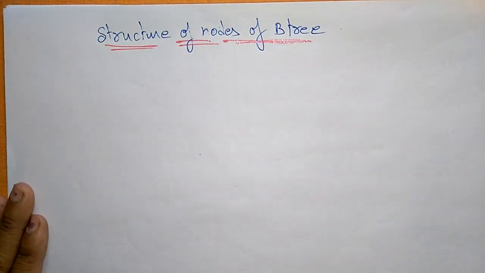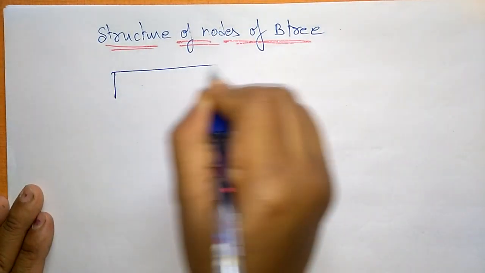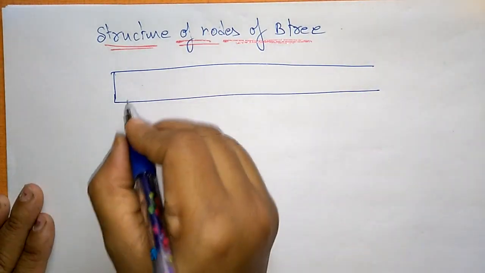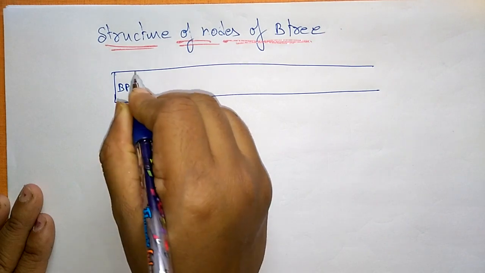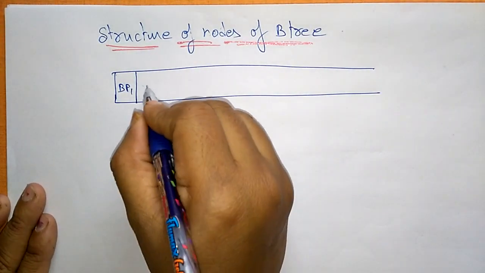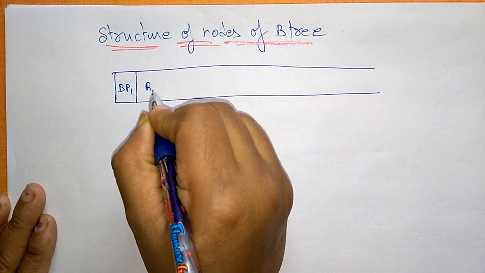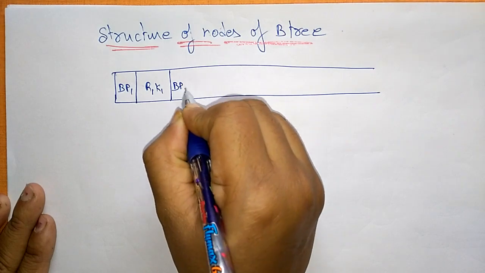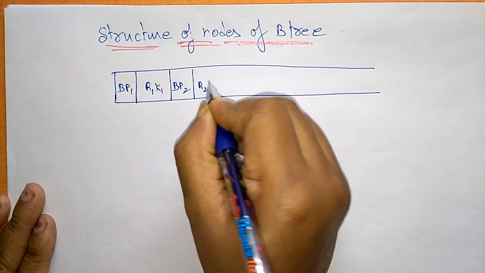Let us see. So here you are having block pointer 1. Okay, and then it should be record pointer and key. Then block pointer 2, record pointer, key.